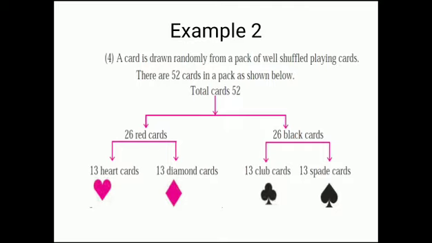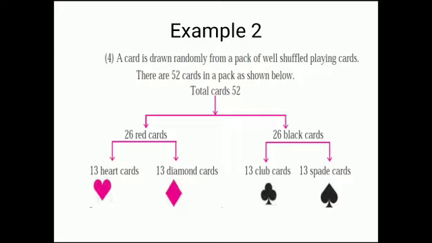Example 2. A card is drawn randomly from a pack of well shuffled playing cards. So here drawing a card from well shuffled playing cards is a random experiment. There are 52 cards in a pack as shown below.